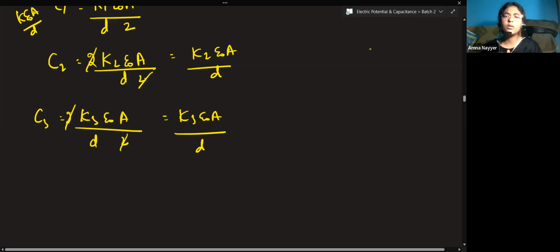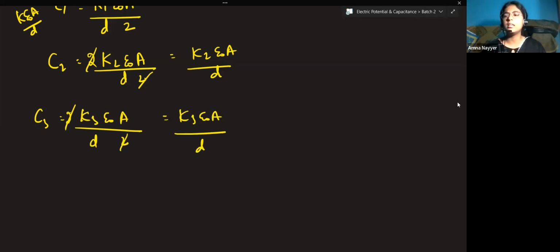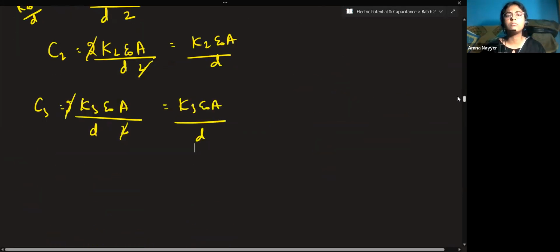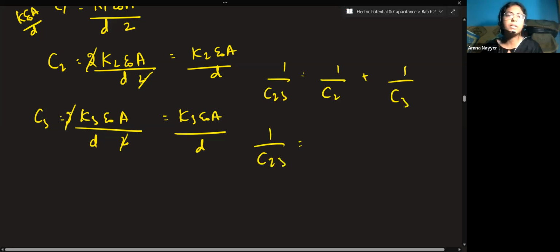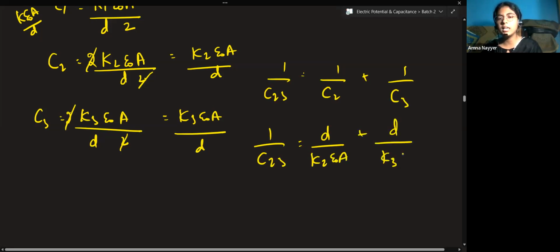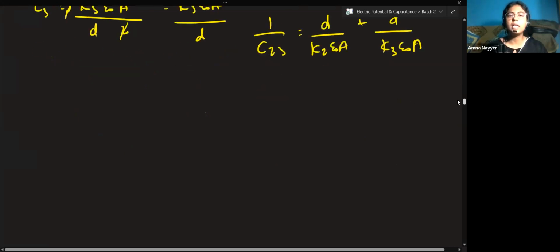Now, what are the combinations? C2 and C3 were connected in series. So we'll write it for series C23. This will be equal to 1 by C2 plus 1 by C3. So 1 by C23 becomes D by K2 epsilon naught A plus D by K3 epsilon naught A. From here, we can take D by epsilon naught A as common.